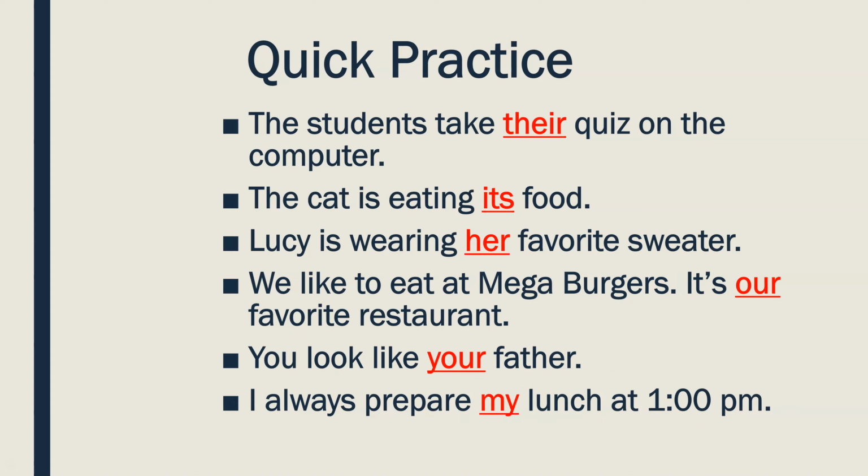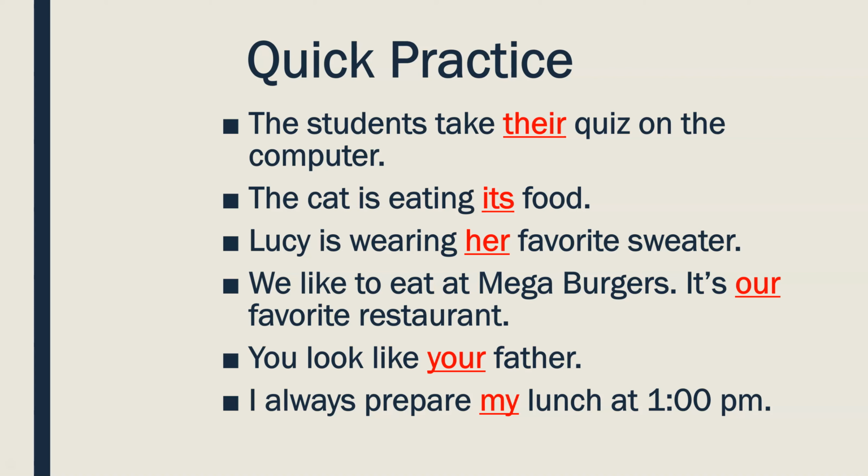First one. The students take their quiz on the computer. So the students is plural, and their. Next one. The cat is eating its food. So the cat, that's one animal. Its, very good.